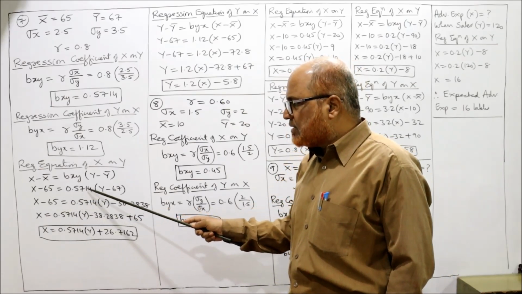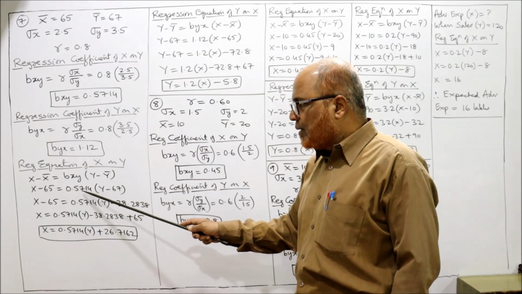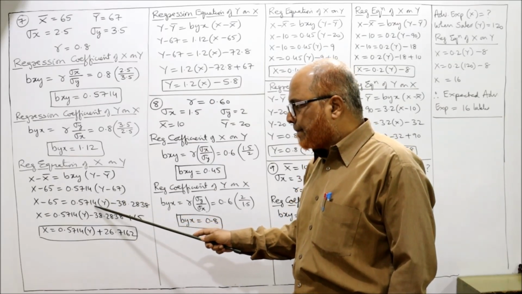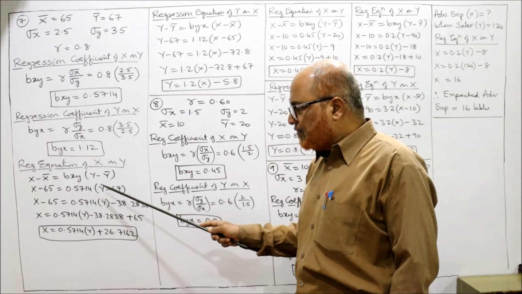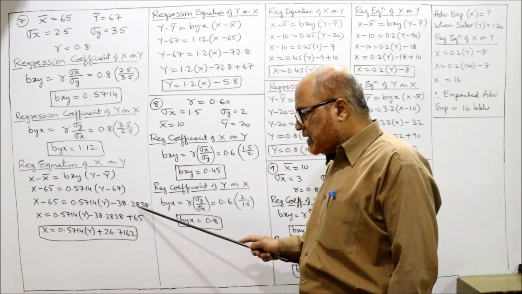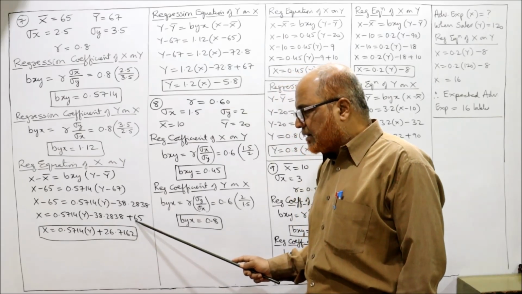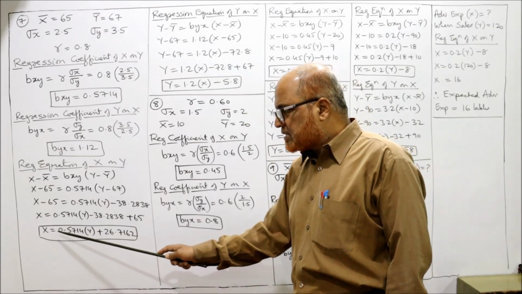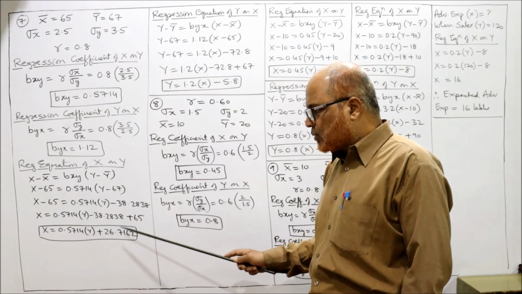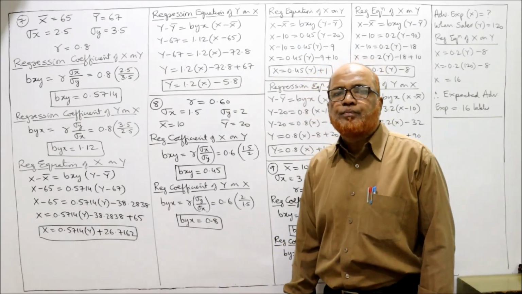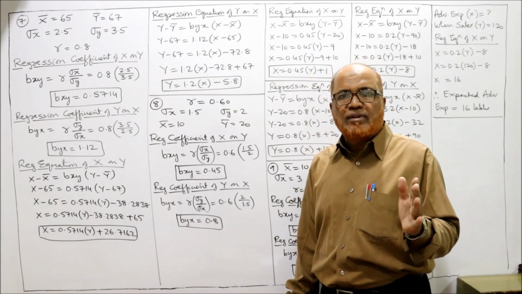Now open the bracket, 0.5714 into y minus 0.5714 into 67, and you are going to get this figure. Now bring this 65 to the RHS, it will become plus 65. So ultimately x is equal to 0.5714y plus 26.7162. The regression equation of x on y we got.